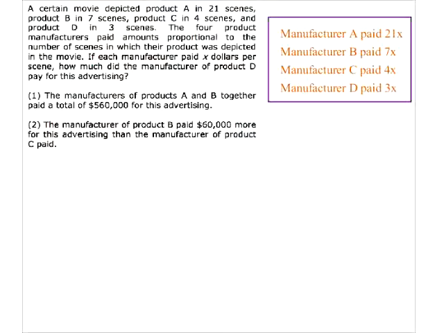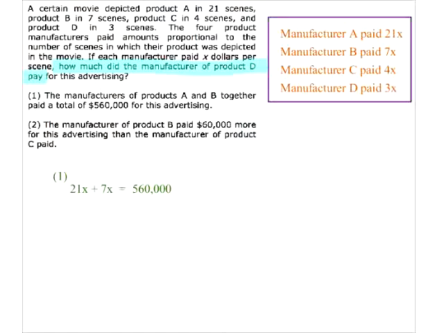So statement 1, the manufacturers of product A and B together. So that means that the total of 21x and 7x is 560,000. So remember, your goal is to find how much the manufacturer of product D paid. So we have x if we have this equation.